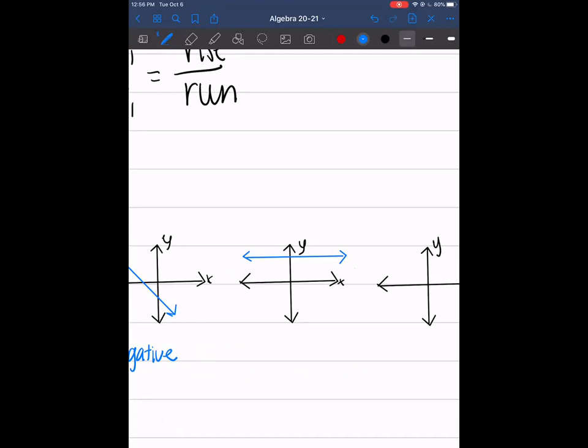When we're talking about slope, our change of y equals 0, as it's not going up and down at all. So if we looked at the slope formula, that would be 0 over the change in x, which is 0. So we have a 0 slope or no slope, but our slope is 0.